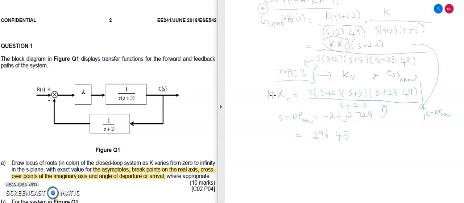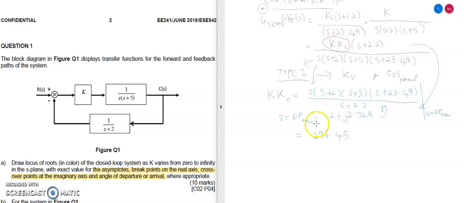Now your job is to replace the S value with the value of the new dominant pole, not the old dominant pole. So S is equal to the new dominant pole, -2 plus J 2.729. Plug into this formula. You plug in the real and imaginary number, and once you get the answer, you convert to magnitude and phase value.